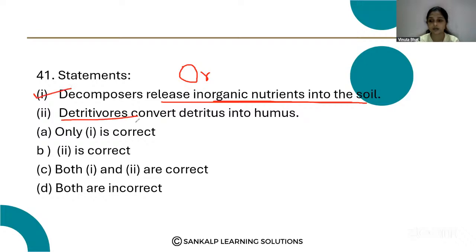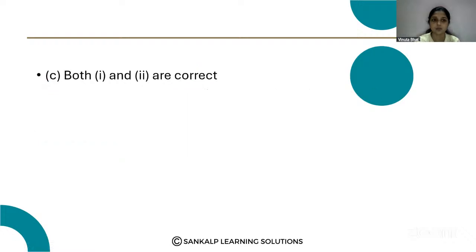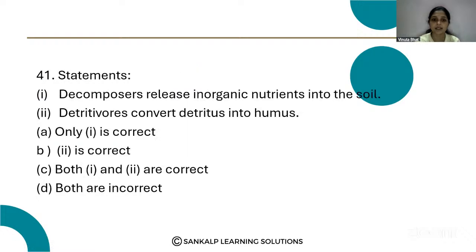Detritivores are those which feed on the detritus, like earthworms, and convert the detritus into humus. They feed on organic matter, like animals or plant-based leaves, and convert it into a black amorphous substance, that is nothing but humus. So that is also a correct statement. So here both 1 and 2 are correct. Option C, both 1 and 2 are correct. This is the correct option.